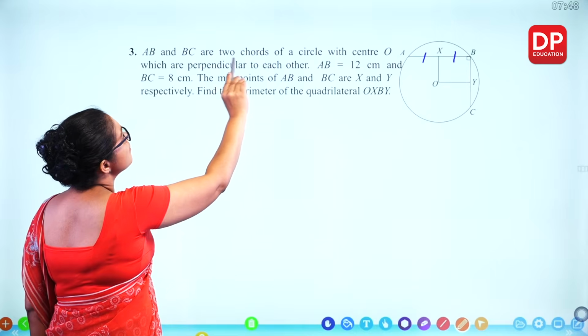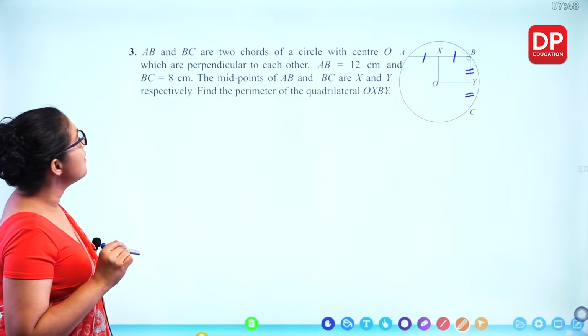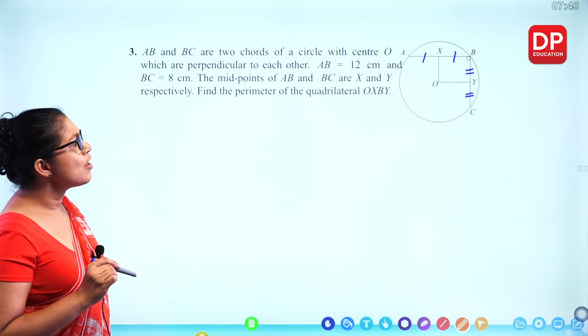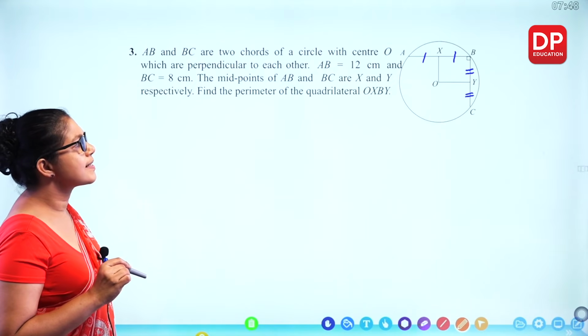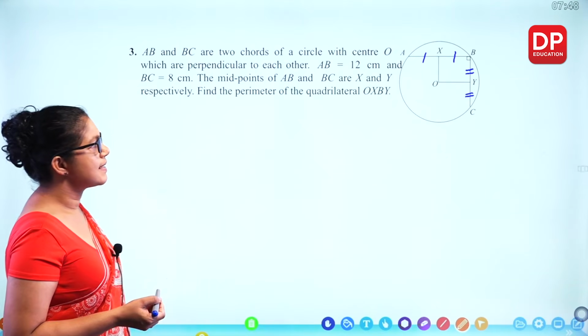And here it's not given, but you can put that these lengths are also equal. And then you're asked to find the perimeter of the quadrilateral OXBY. So that means you have to find the lengths.